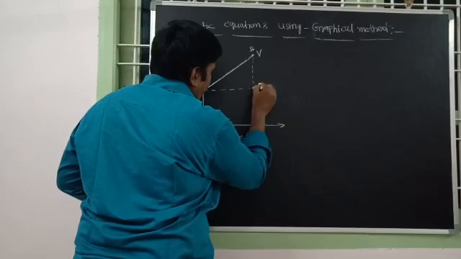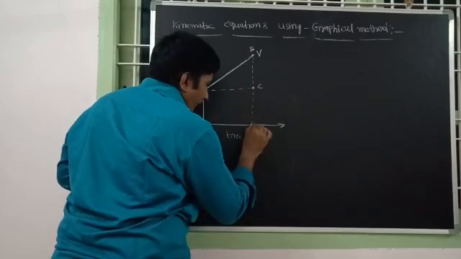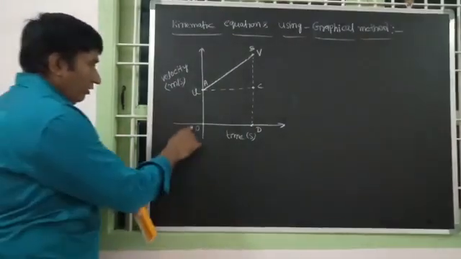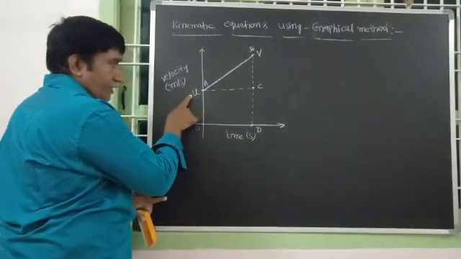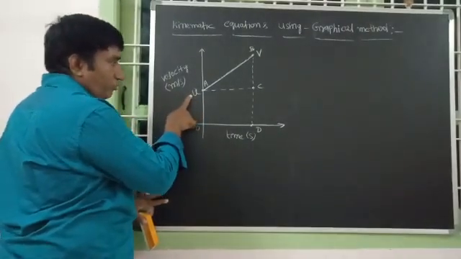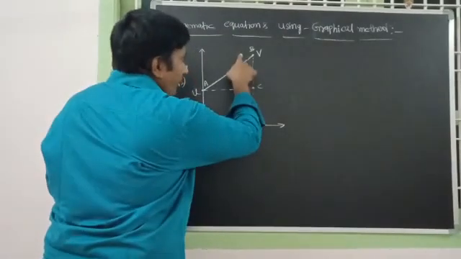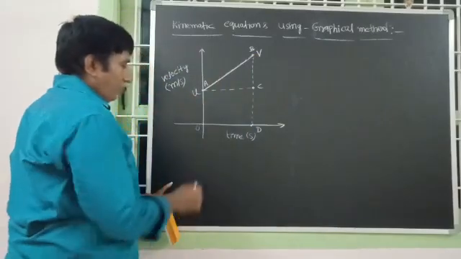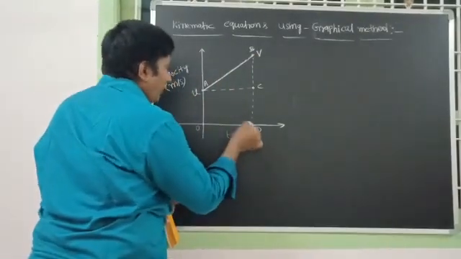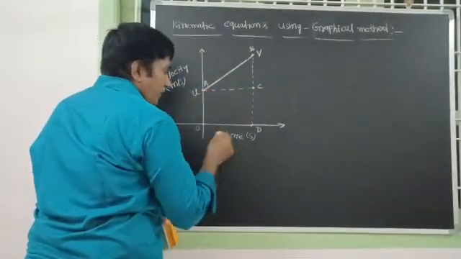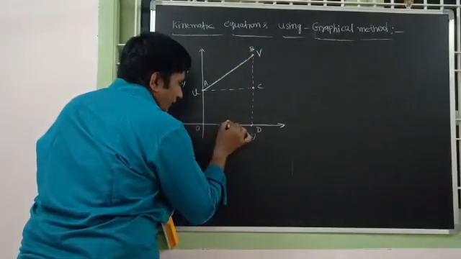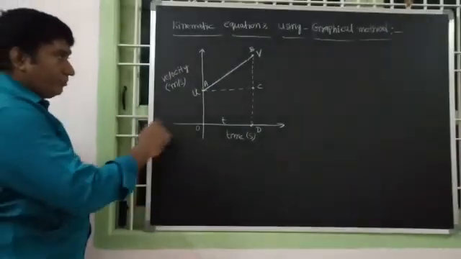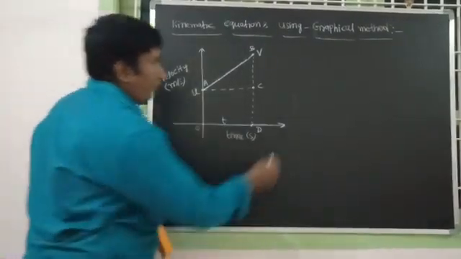I have taken this point as C and this point as B. Now, if you observe clearly, O to A is the initial velocity U, and D to B is the final velocity, and O to D or A to C, both will be the same. The time period I take as T. This is the assumption I have taken.